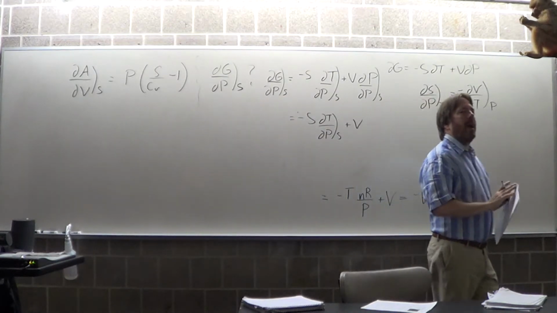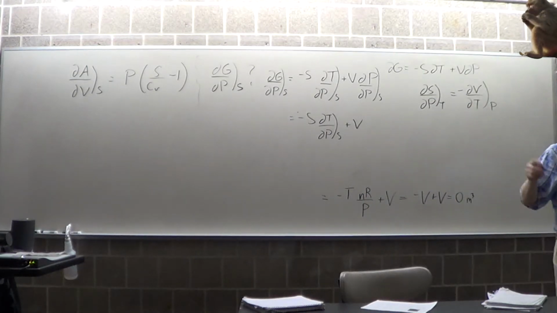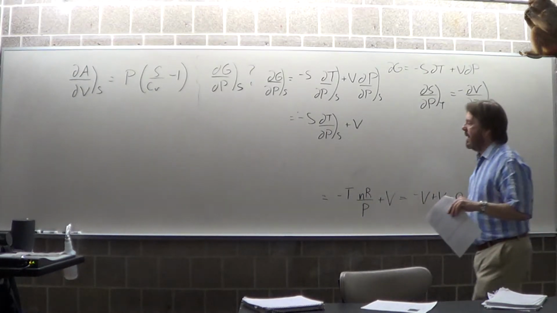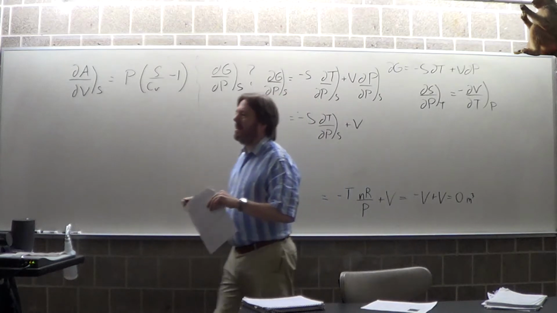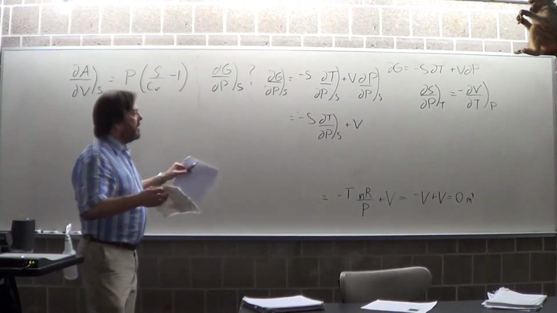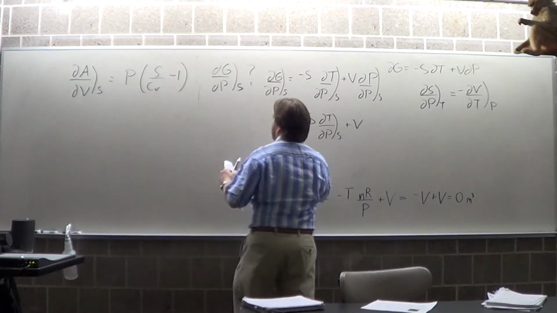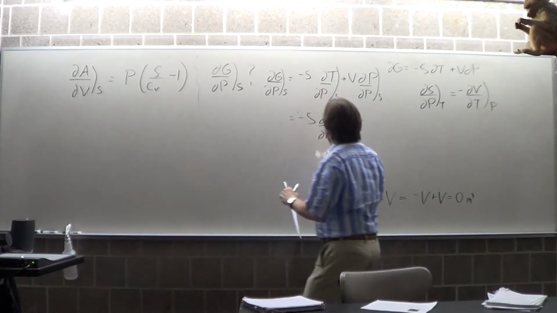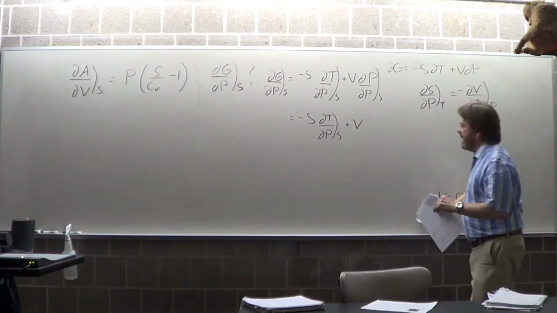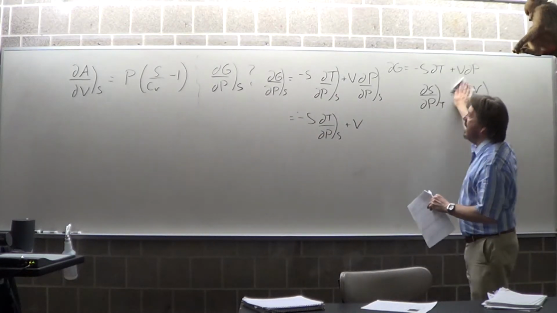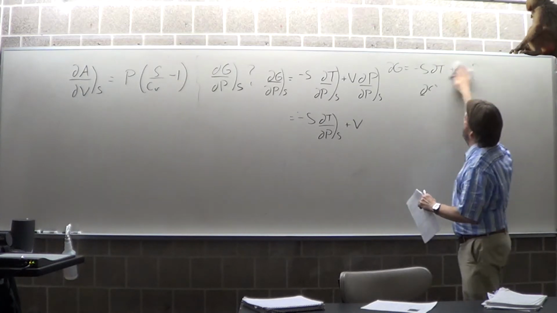Okay, now be careful: on an exam, when you've written this, you're not done. Of course I want to know whether it actually goes up and down, just like I described here. You're not done here. The reason is that I don't really know whether dT at constant S goes up or down.